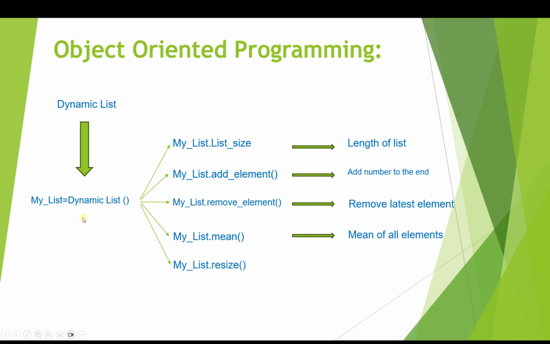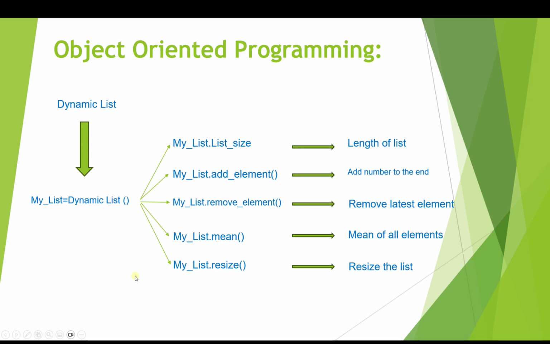For example, if at the beginning we decided to have a list with 4 elements, and at some point we decide instead of 4 elements we want to have 10 elements, we can easily do this by using the my list resize method to resize the list.